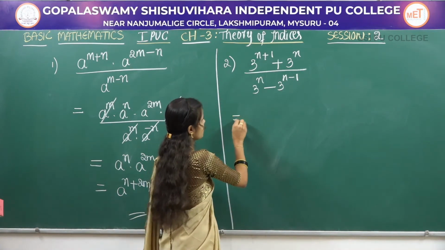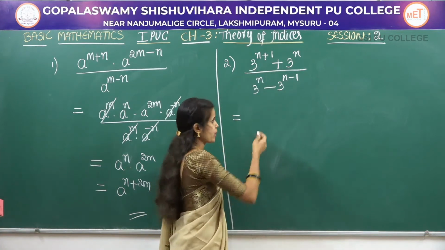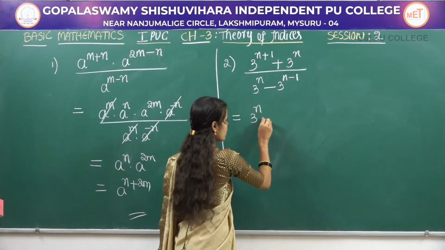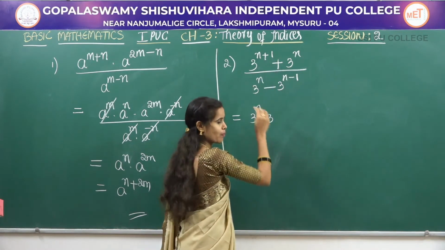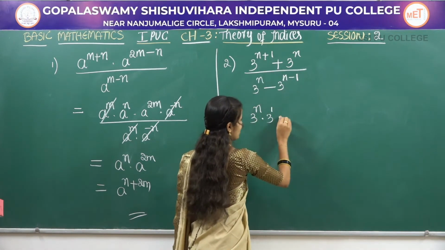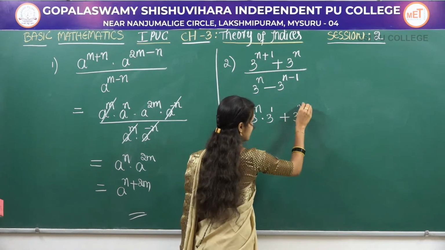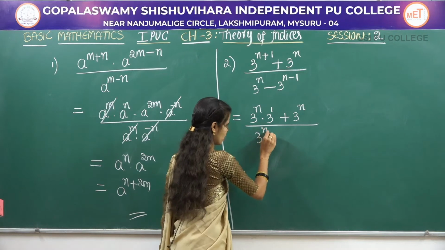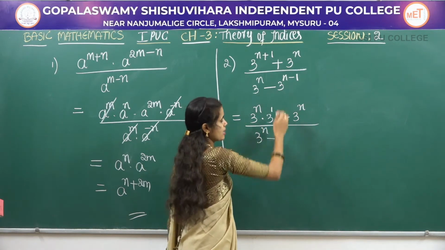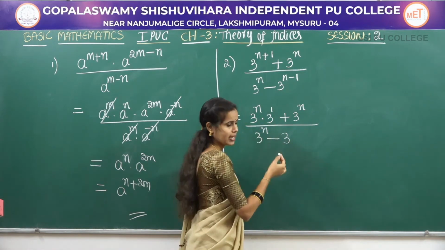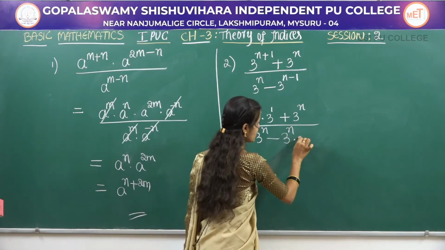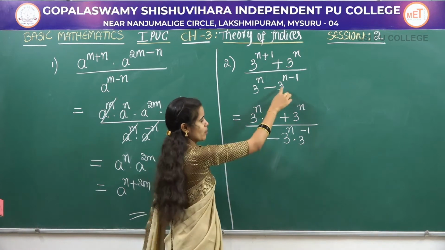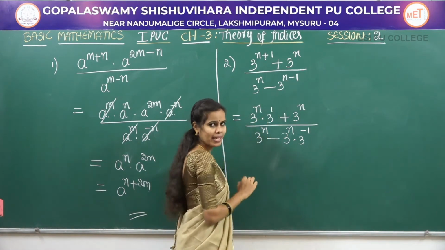Here also, by using the first law of exponents, 3 to the power of n plus 1 can be written as 3 to the power of n into 3 to the power of 1. Write plus 3 to the power of n as it is. In the denominator, 3 to the power of n minus 1 can be written as 3 to the power of n into 3 to the power of minus 1.